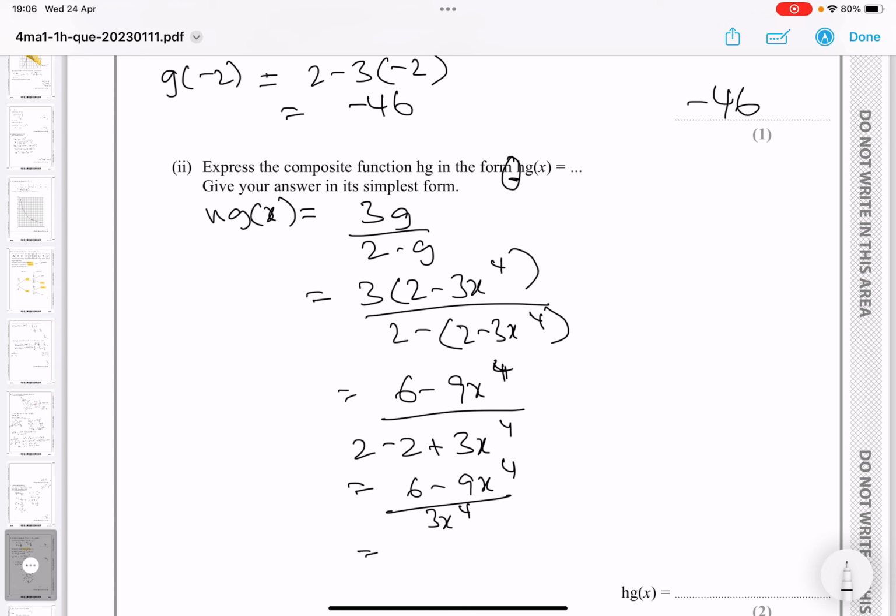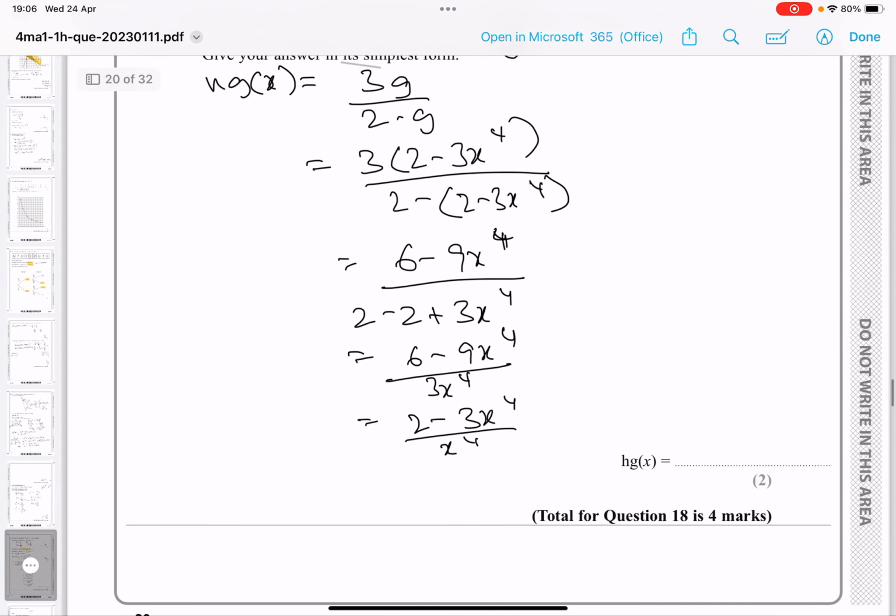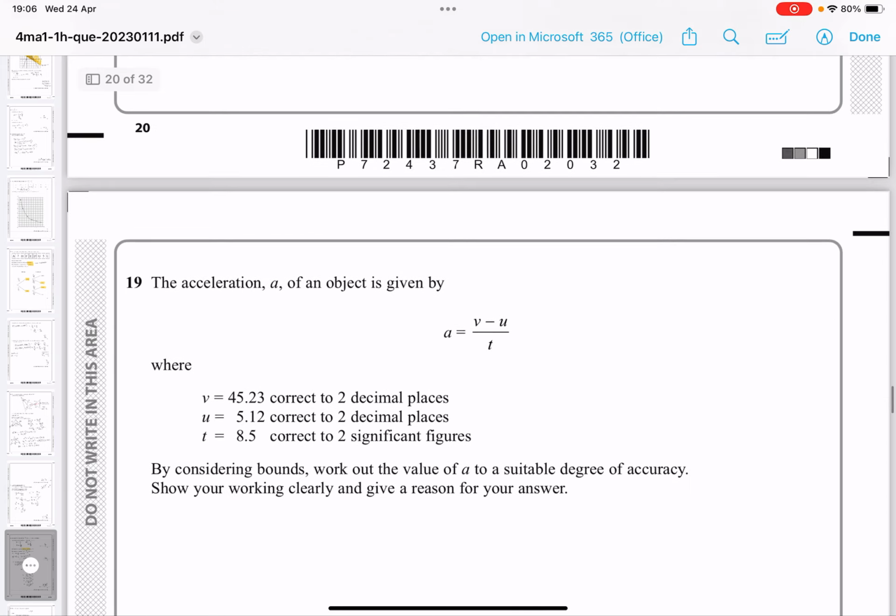Then we can divide everything by 3, because it's a common factor, so 2 minus 3x to the 4 over x to the power 4. So your final answer will be 2 minus 3x to the power 4 divided by x to the power 4. That's in its simplest form. Okay. Next question.